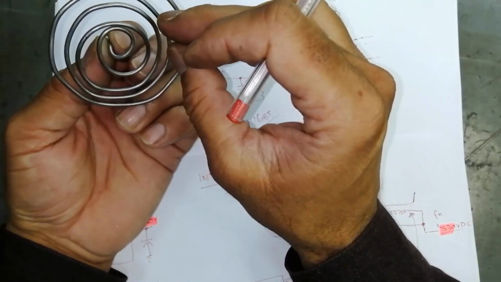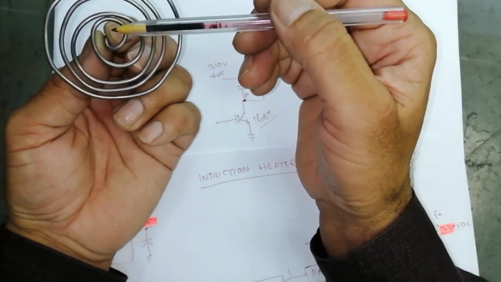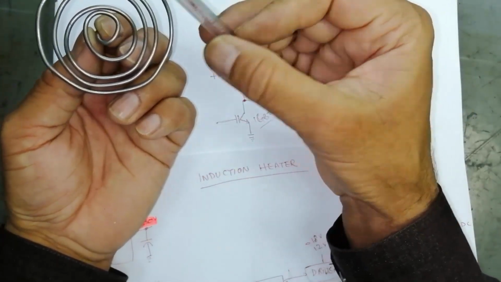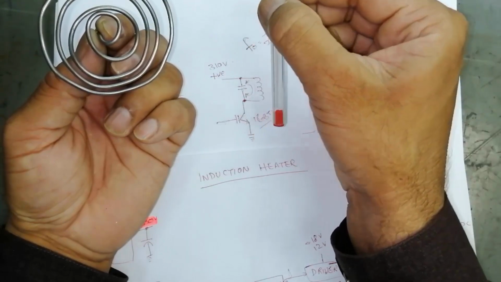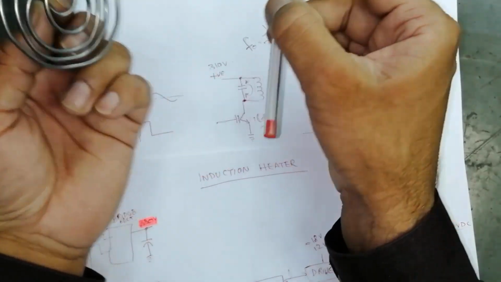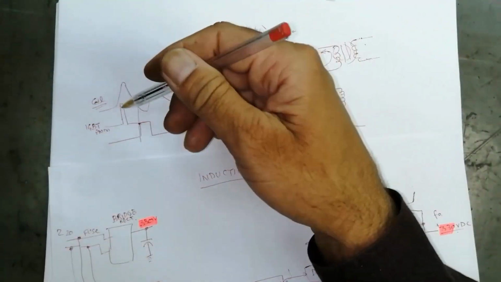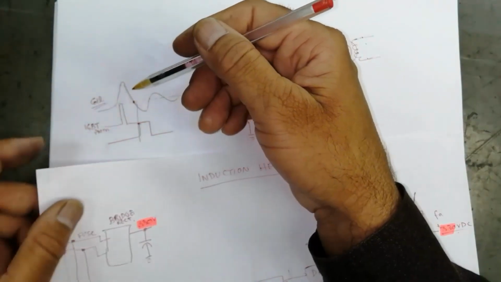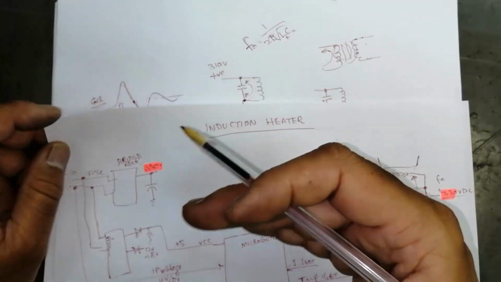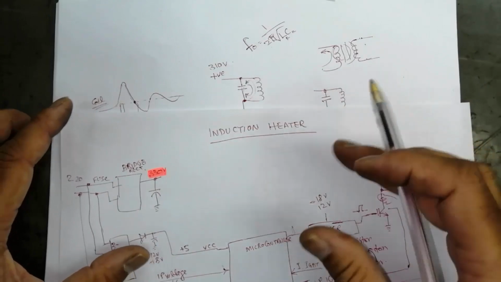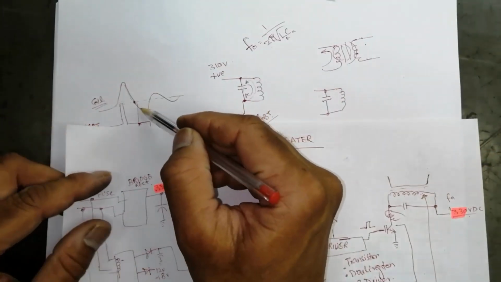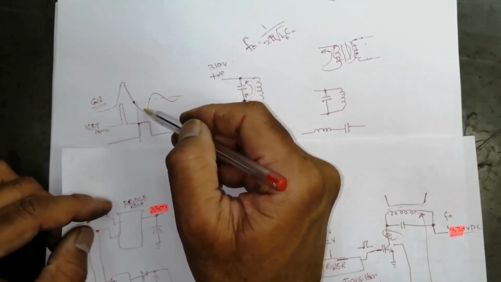When there is less inductive reactance, when the magnetic field collapses, the extra voltage will be generated in the capacitor. So if the cookware size is full size, then this pulse size will be small.